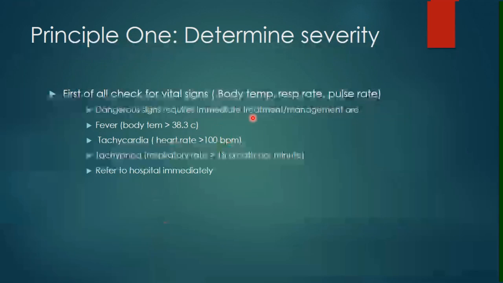As I mentioned before, we have to take the body temperature, respiratory rate, and pulse rate, and we consider the patient to be in fever when the body temperature is 38.3 Celsius or more, and there's tachycardia, tachypnea.